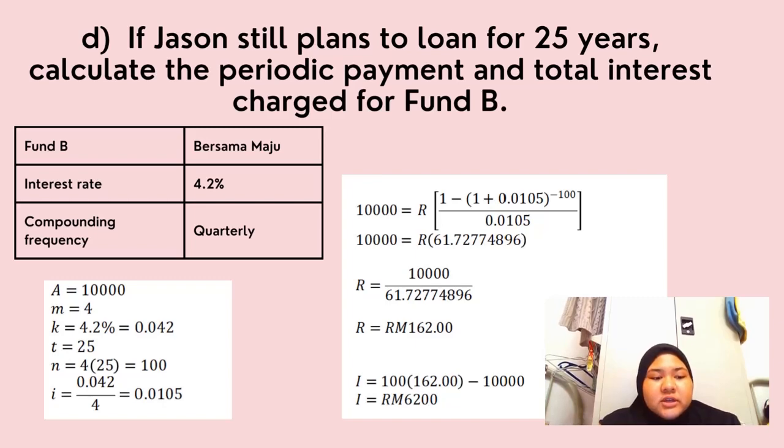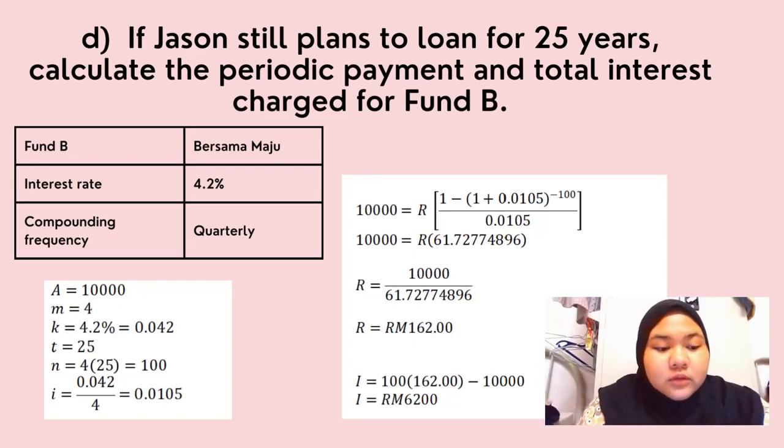In the solve function, R equals 162 ringgit Malaysia. To find the total interest, it is equal to 100 multiplied by 162 ringgit, then minus 10,000. So the answer is 6,200.